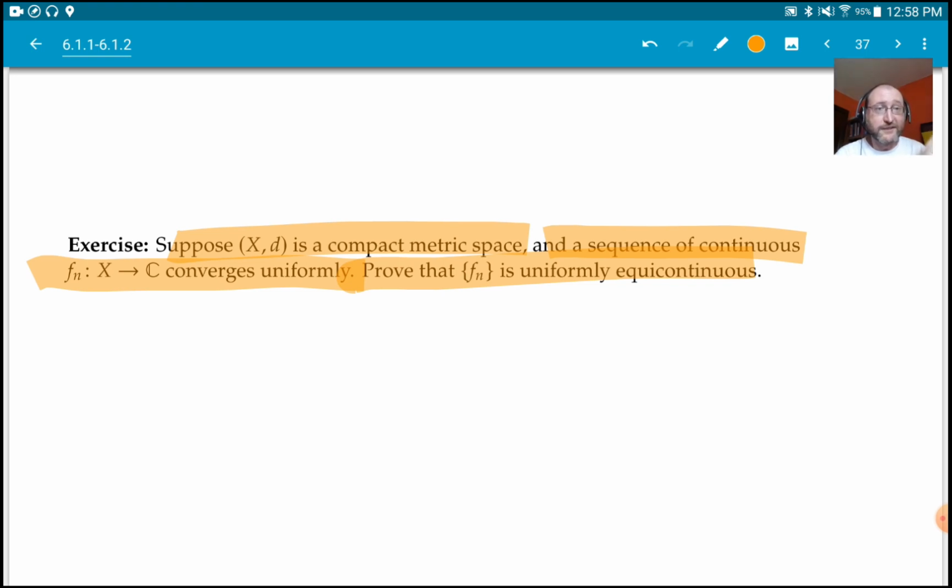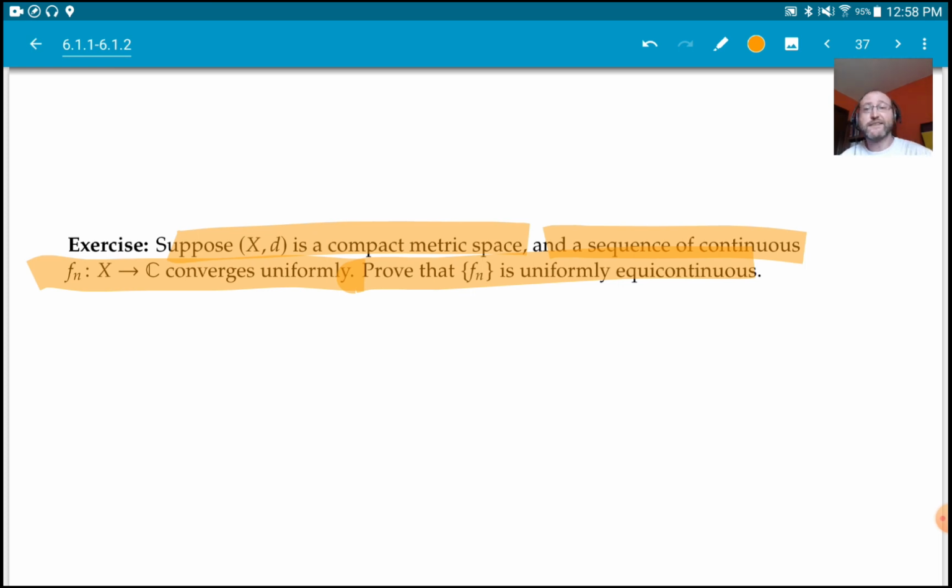if we also get boundedness. If it converges uniformly, then it's uniformly equicontinuous. And if you get boundedness, we're going to get a subsequence that converges uniformly on compact subsets. So equicontinuity is the right thing that we need, or at least for the subsequence. If the sequence is equicontinuous, the subsequence is going to be equicontinuous.